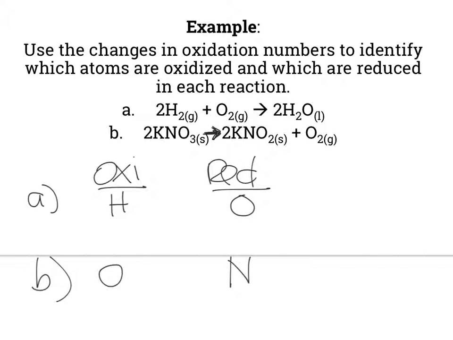That's oxidized. Oxygen's going from 0 to -2. That's reduced. Oxygen's second one is going from -2 all the way over here to 0. That's oxidized. And nitrogen is going from, I believe, a positive 5 to a positive 3. That's reduced. That sums up oxidation numbers.